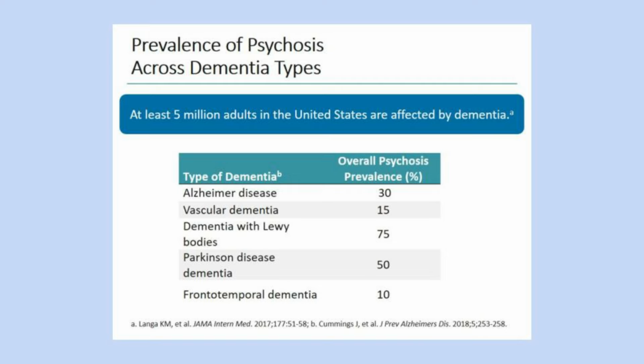And in Parkinson's disease dementia, again, where there are a lot of Lewy bodies found, it's 50%. And then, of course, the frontotemporal dementia, it's only 10%. So that's why those patients, especially the Lewy body dementia and Parkinson's, really should be treated by a geriatric psychiatrist.